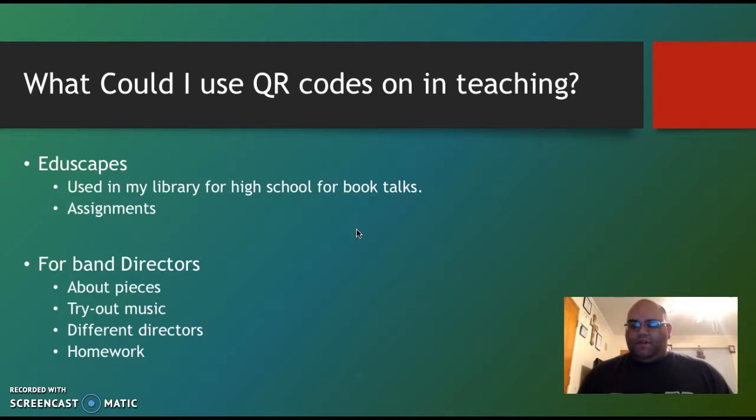When you're going to a contest or when you're in concert and symphonic band, the pieces you do, some of them may have a story behind them. And it's really cool to get the students to interact as they're scanning those QR codes to learn about the pieces. Like right now we're doing a song called Fate of the Gods. What it's about is a god going bad, and them fighting with each other and destroying everything.